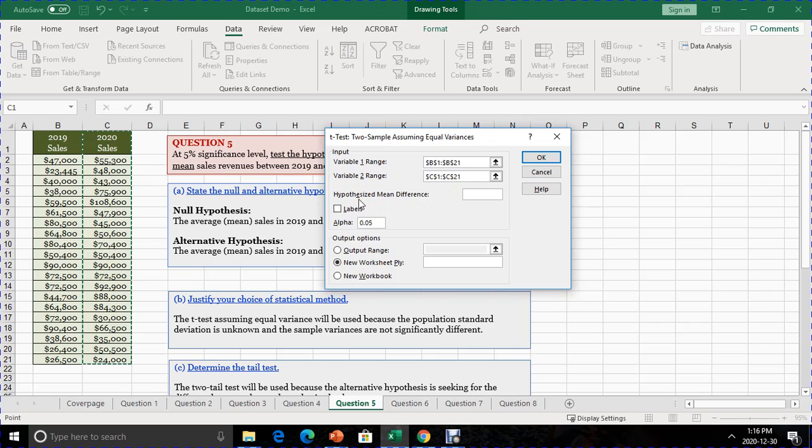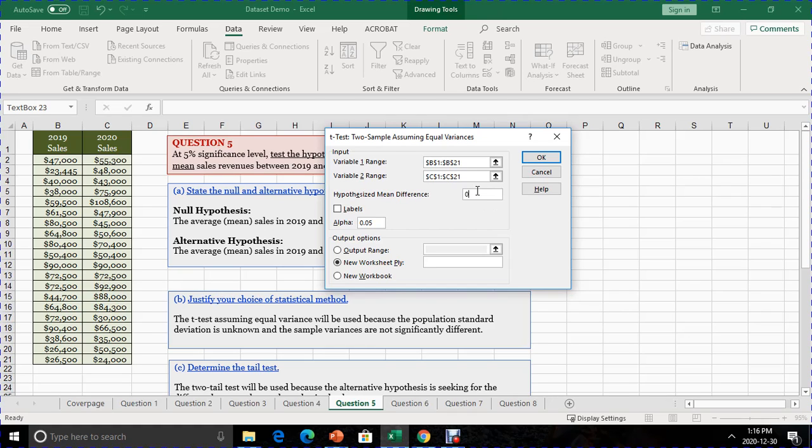And then what is the hypothesized mean difference? Our null hypothesis stipulates that there is no significant difference between the two data values, the average of the two data sets. So if there is no significant difference, then it means the difference between the means should be 0, right? That is what a null is stipulating.